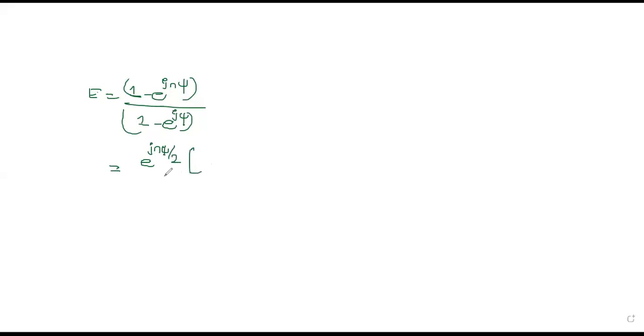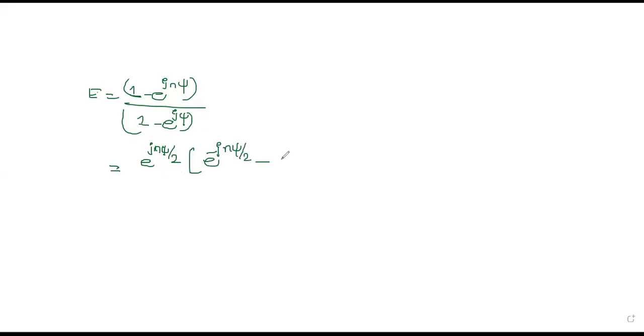What will be the remaining term here? If I take out e to the power j n xi by 2 in the numerator, you need to get 1. So what I have to multiply, or what will be the equation here? E to the power minus j n xi. Correct. E to the power minus j psi by 2.